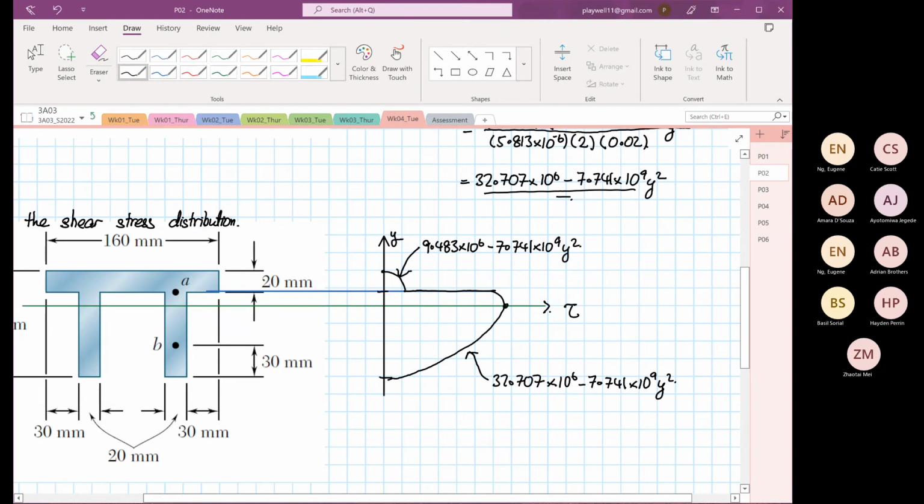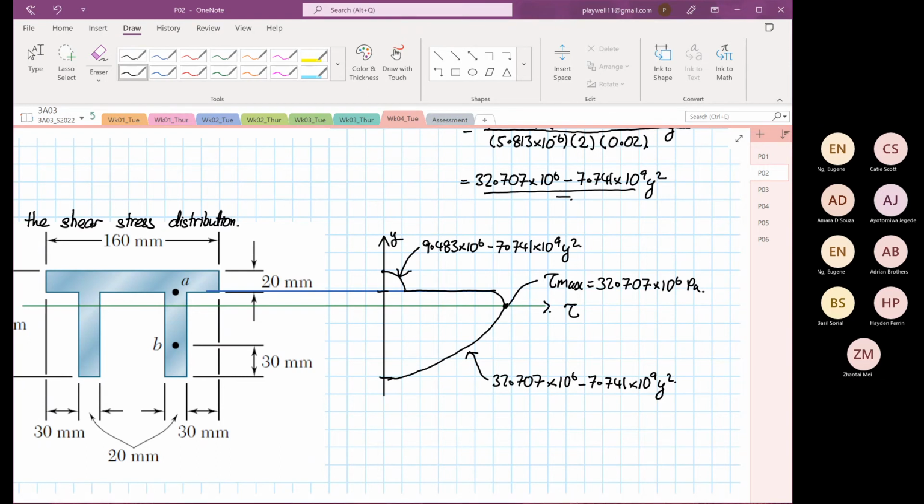And we know this is our tau max, and our tau max is equal to 32.707 times 10 to the power 6 Pascal. Okay, so this is how the distribution will look like.